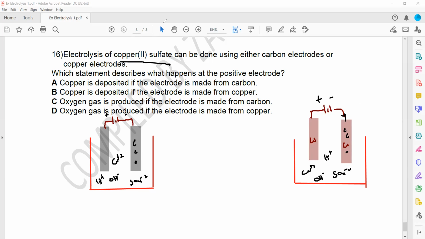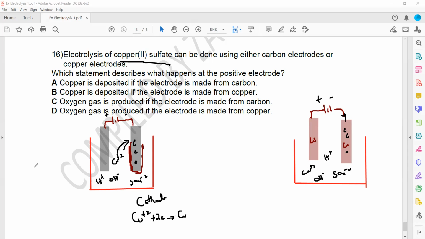Now, what happens at the cathode? The copper ions, because they are less reactive, are attracted towards the cathode. They will take two electrons and turn into a copper atom. When it turns into a copper atom, it forms a brown solid that sticks to the cathode.